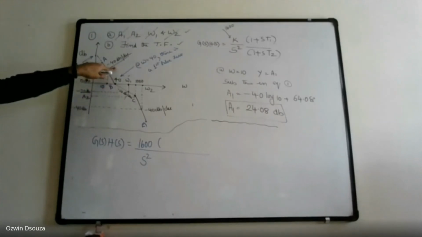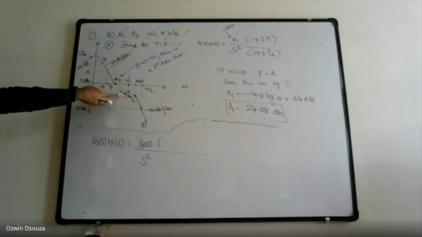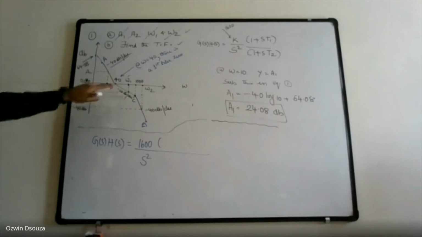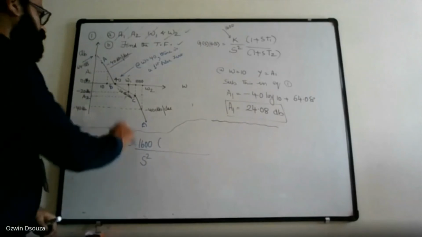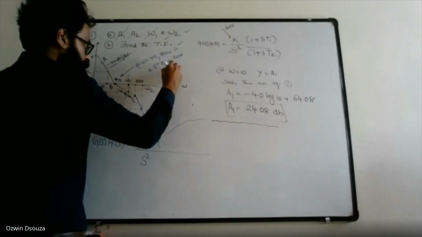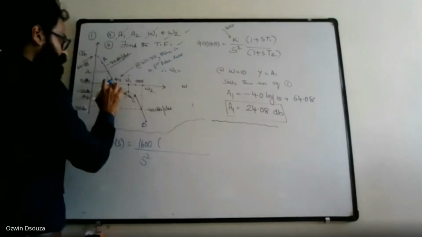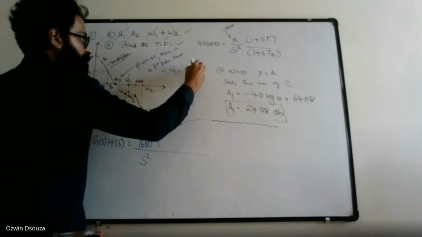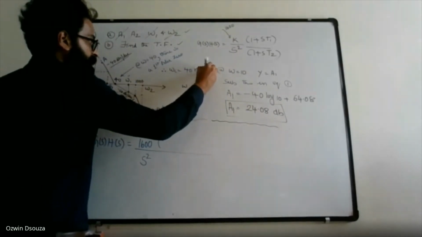Earlier it was minus 40, now it is minus 20. So that means you have to add plus 20. Addition is considered as a zero and subtraction is considered as the presence of a pole. And this is the frequency, so omega c, the corner frequency, is 40 radian per second.